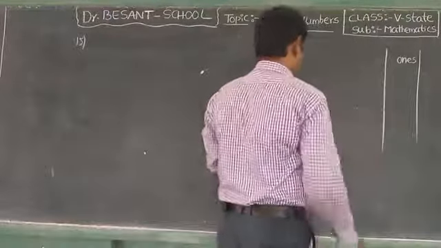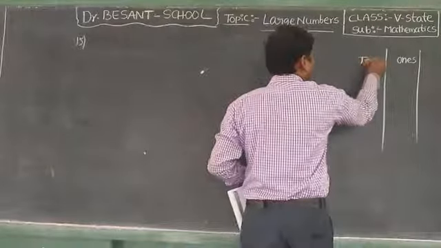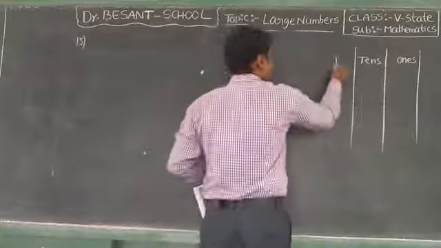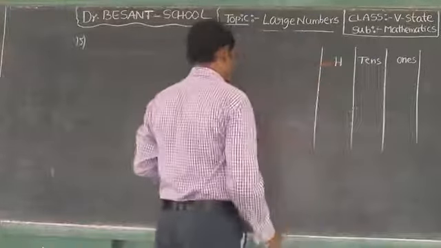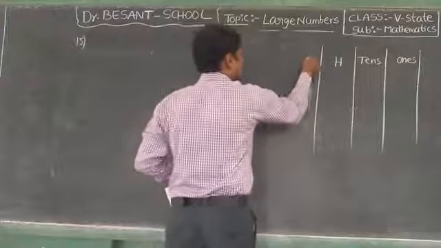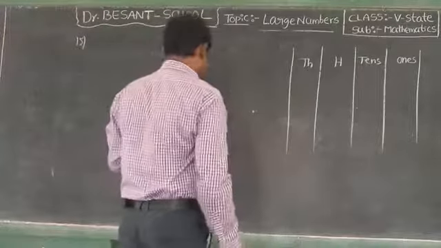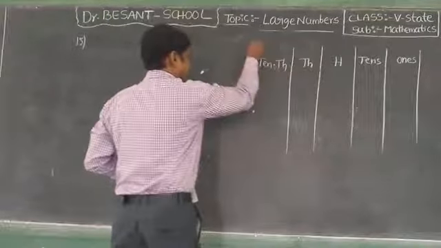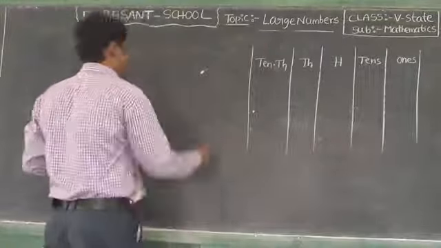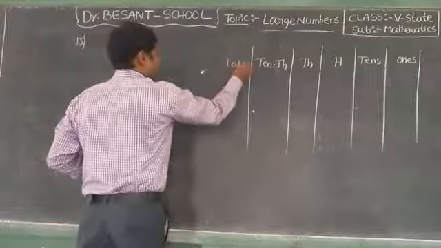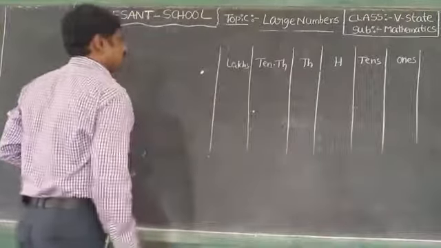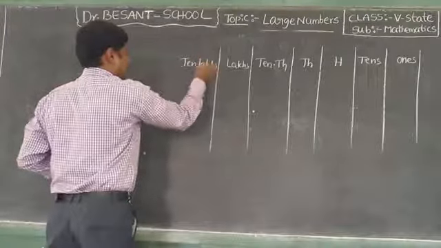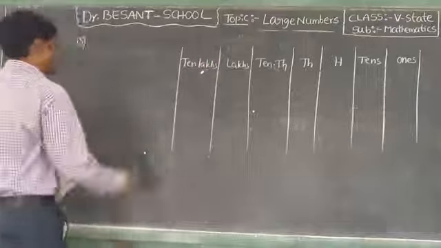Next tens, hundreds, thousands, 10,000, lakhs, ten lakhs, next to crores.